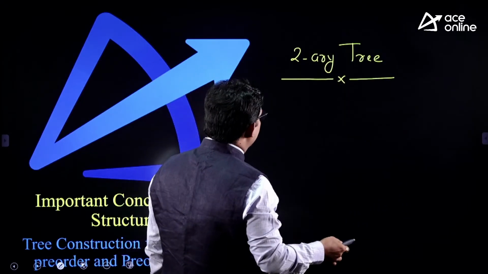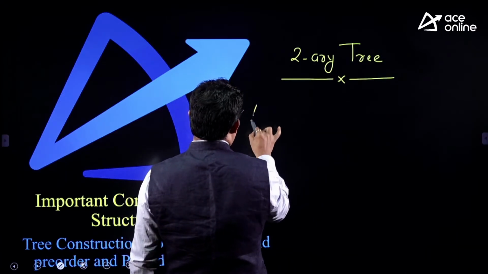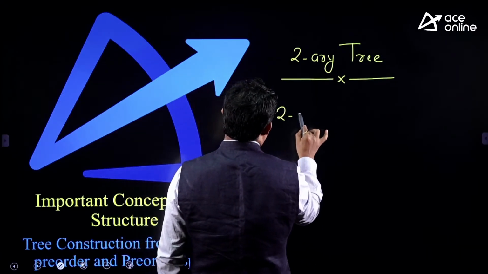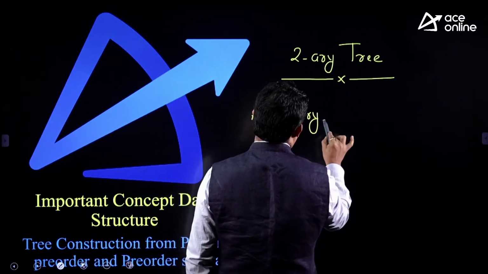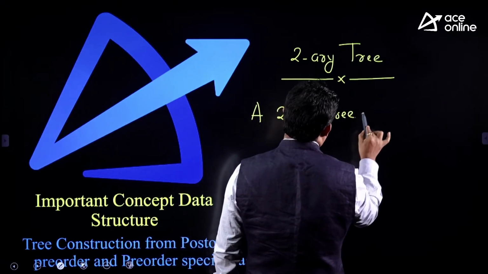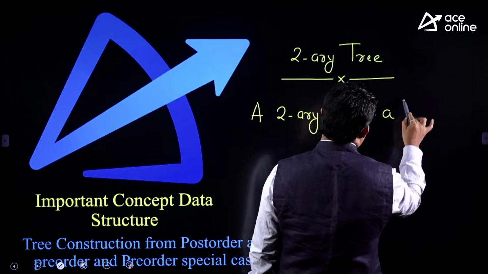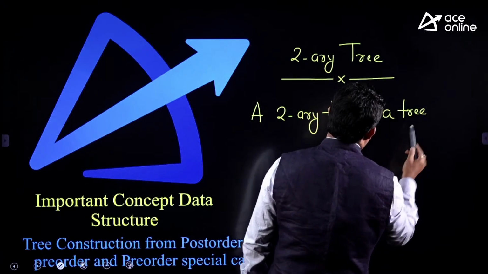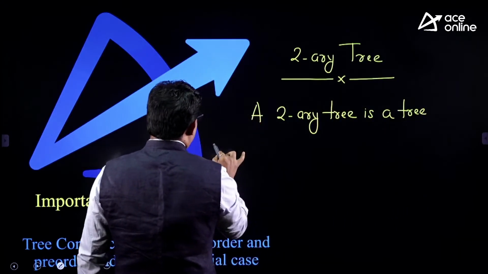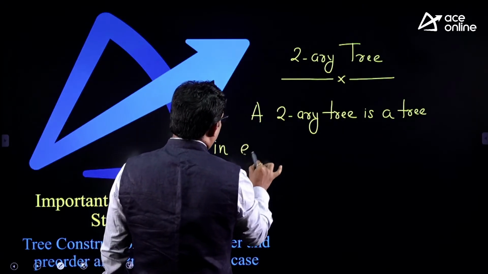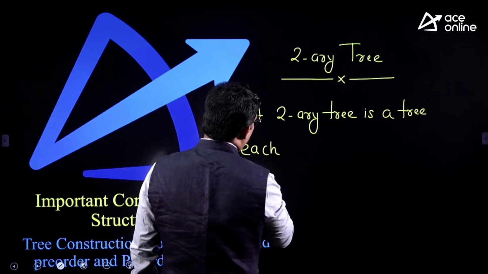What is a two-array tree? A two-array tree is a tree in which each node has 0 or 2 children.